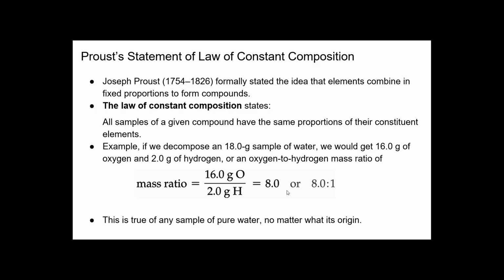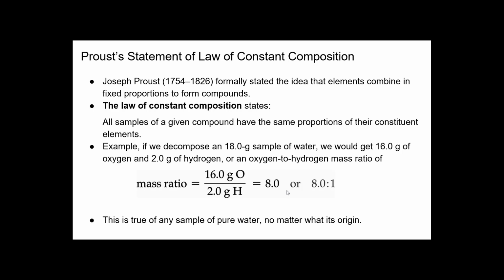So Joseph Proust came up with an idea that elements combined in fixed proportions to form compounds. This is known as the law of constant composition. All samples of a given compound, now compounds are not the same as mixtures, have the same proportions. So for instance, water is H2O. Hydrogen peroxide is always H2O2.